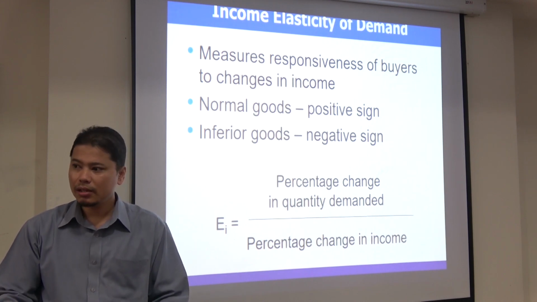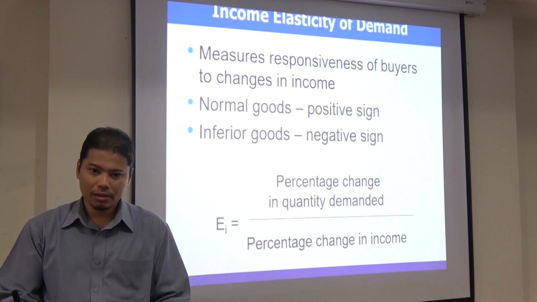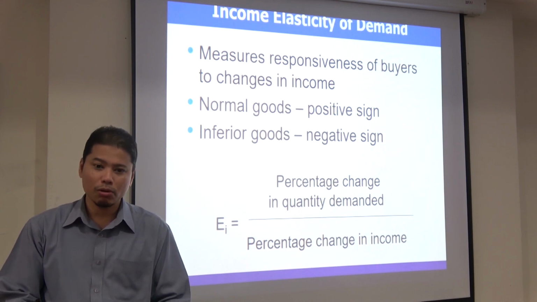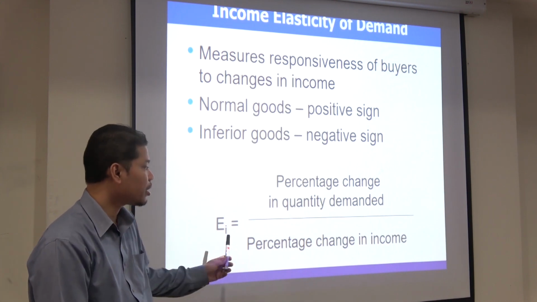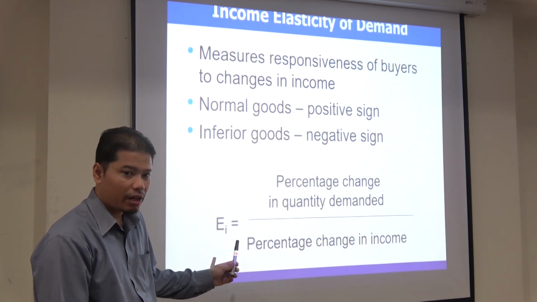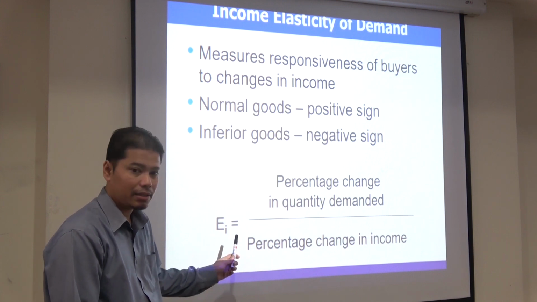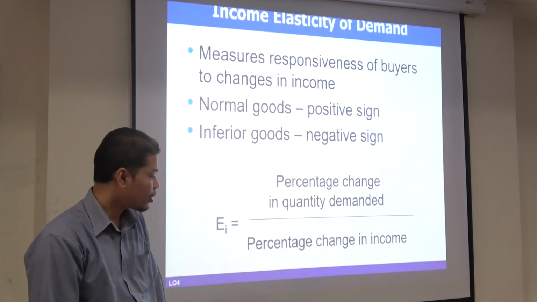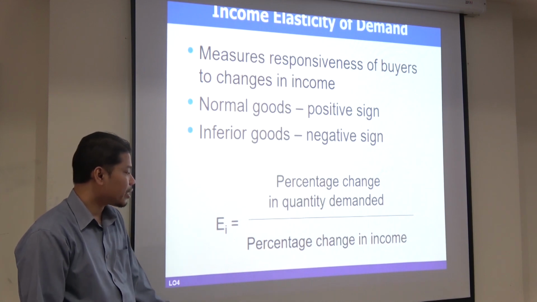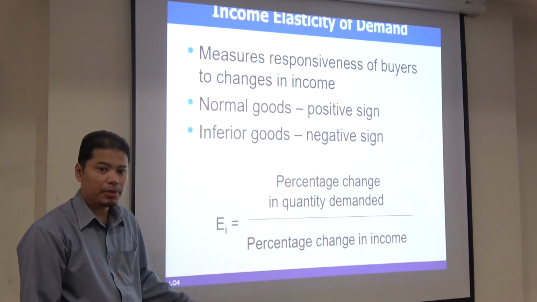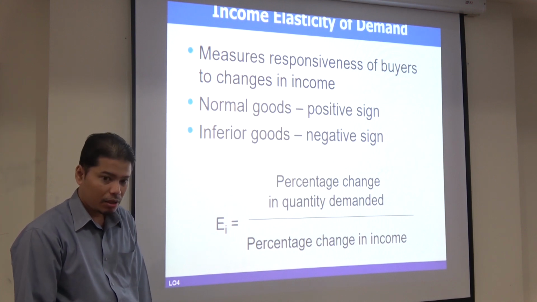Let's say not even Maggi mee, you buy Sedap mee or Indomie, where the price is lower. This is an example of an inferior product, because if you have the money, you will not be buying these products. So the relationship between income and inferior products will be negative.